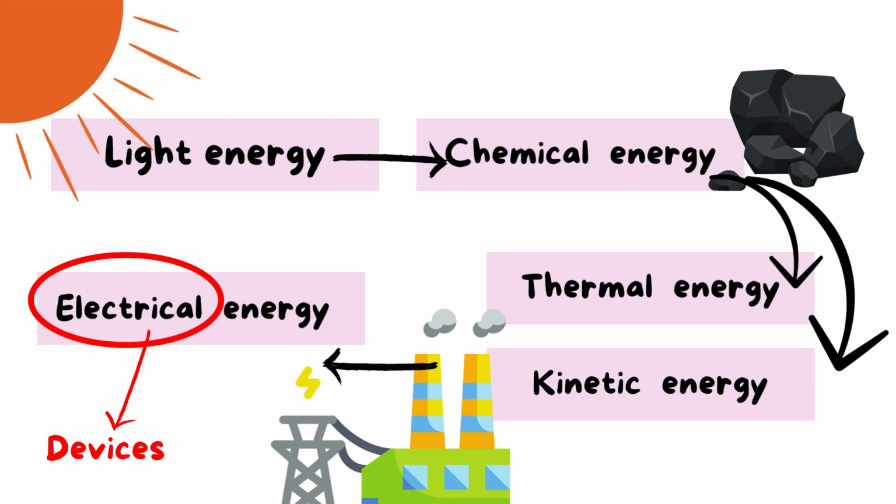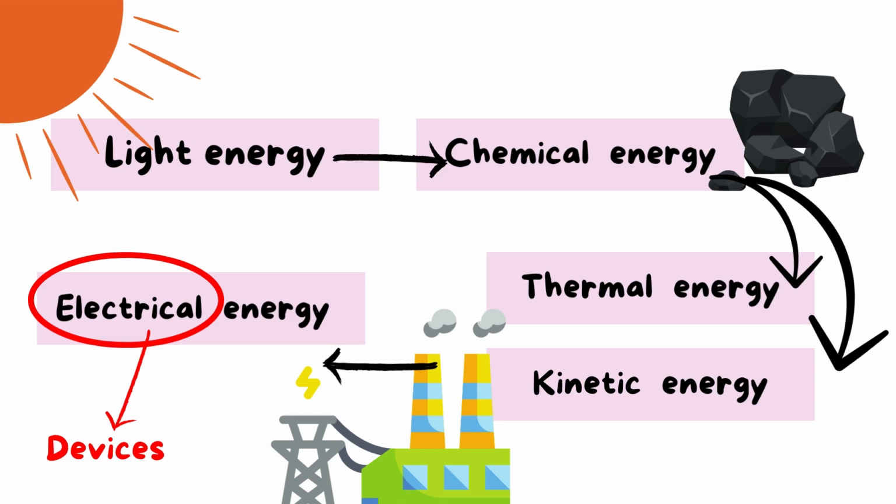So is it clear? The light energy from the sun changes into chemical energy stored in the coal, and this chemical energy, when we burn the coal in the power plant or electrical station, changes into thermal energy and kinetic energy, and this kinetic energy is used to operate some devices in the power station.